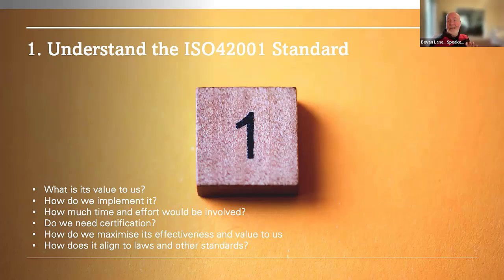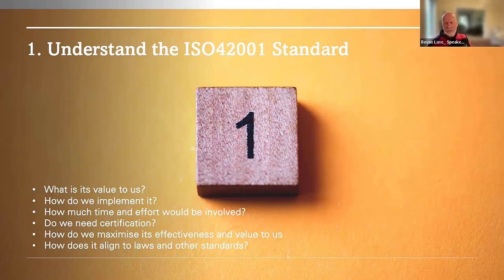There's a lot of value in being one of the first companies to say, you know what, we're certified in 42001 because we understand how to use artificial intelligence in a great way. How do we do it? How big are we? What are the complexities involved? Those things, time, effort. Do we need certification? To that point, the question I told you about earlier. But then how do we make it work for us?